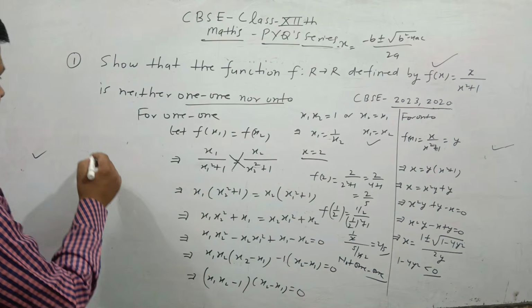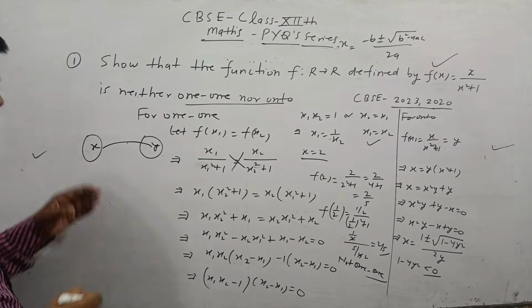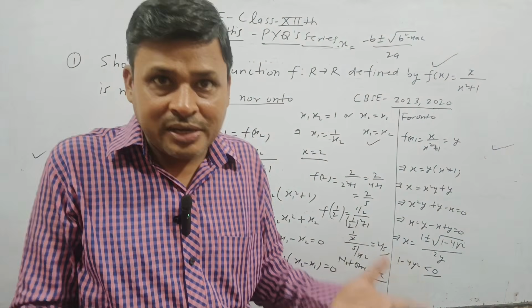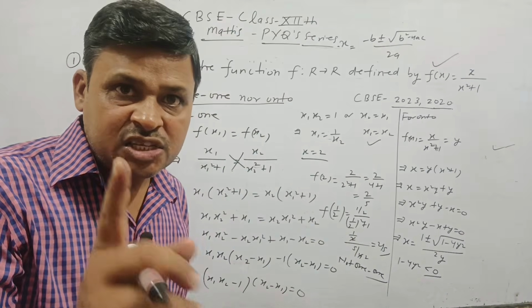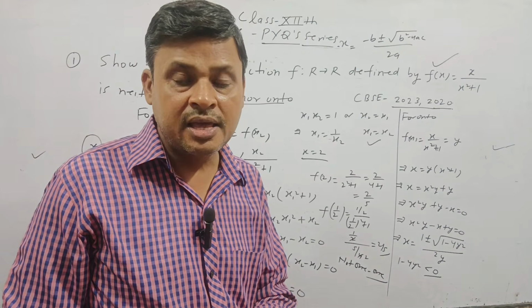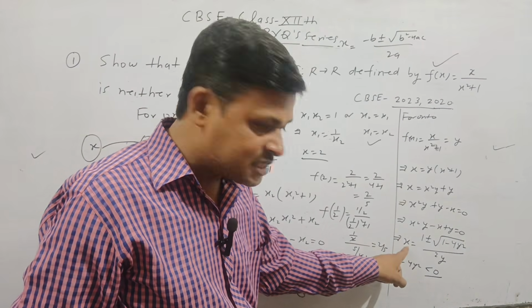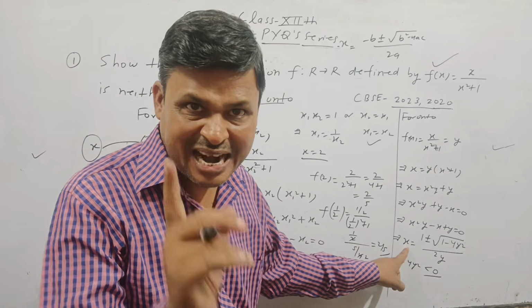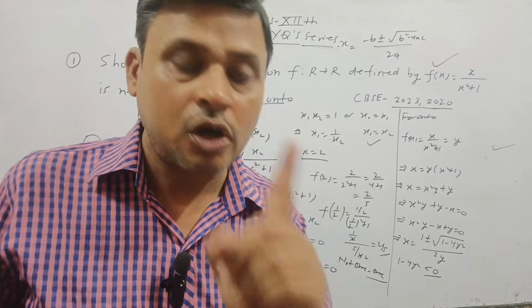For these values of y, we will get the pre-image as imaginary. So how is it possible? We can say that this function is not onto, because here range is not equal to codomain. There are several values of y for which the value of x which resides in the domain is imaginary. That's why this function is not onto.